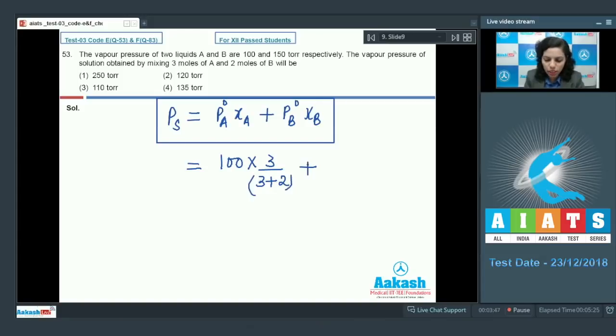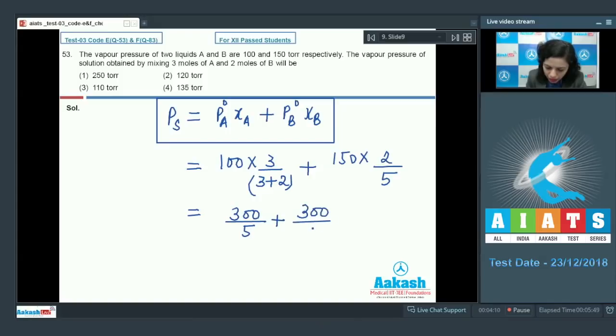So it would be added to PB naught. That PB naught is 150, would be multiplied by 2 divided by 3 plus 2, that is 5. This would be 300 by 5 plus 300 by 5, and if you solve this, it would be 600 by 5, and this value would be 120 torr. Where this value is given? This value is given in option 2 and I'll choose it as the correct answer.